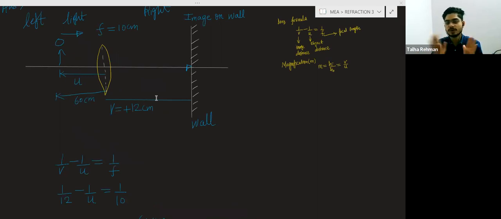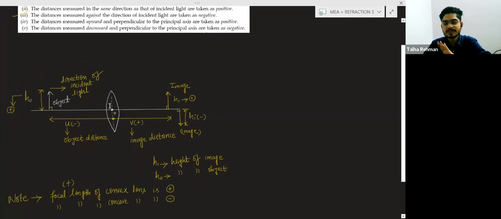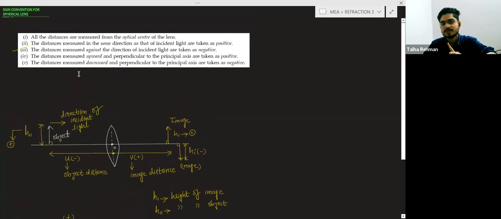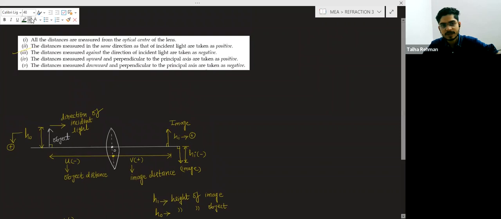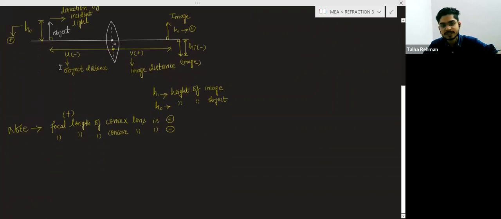Convex and concave have no relation with that. If you are measuring the distance, see here the sign convention. This sign convention is valid for all types of lenses, whether spherical lenses, concave and convex both. So this sign convention will be followed.